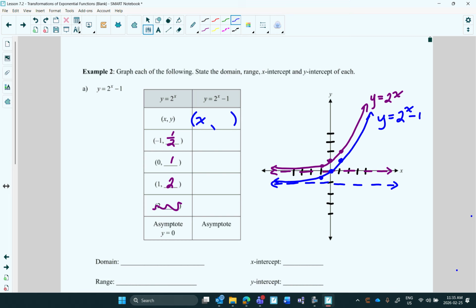What happens to the y's? They all move down 1. Okay. So then you'd have -1, -1/2, and you'd have 0, 0, and you'd have 1, 1. And the asymptote would also move down from 0 to -1.